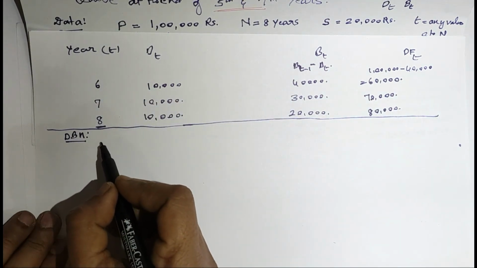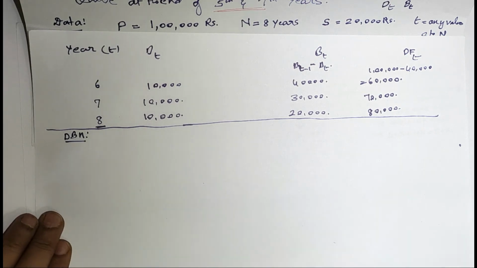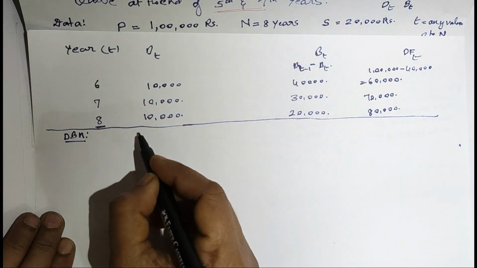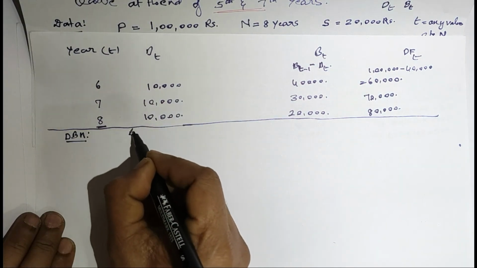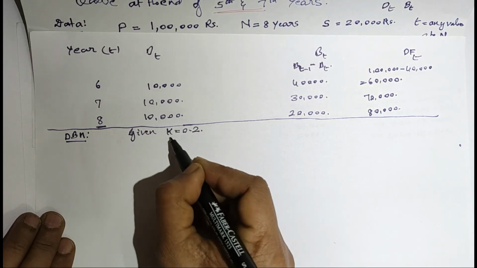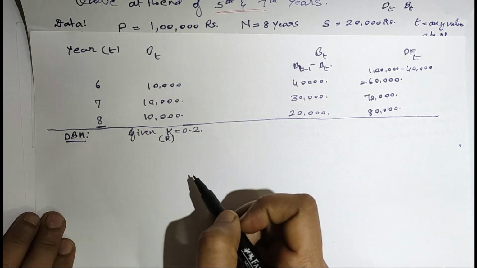Now, for year, first let us write the formula. For BT, the formula has a value called K. In this problem, the K value is given as 0.2. K, or sometimes it's also called R, is equal to 0.2.